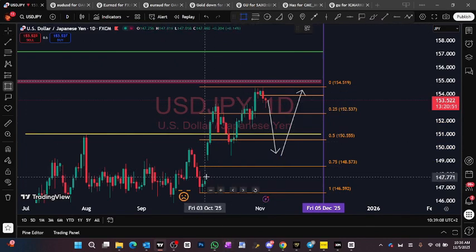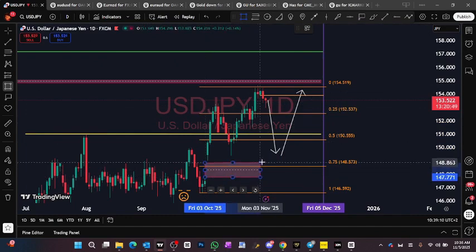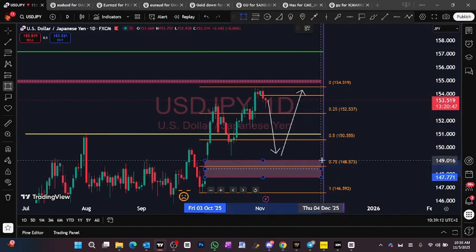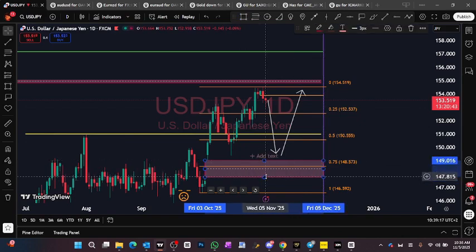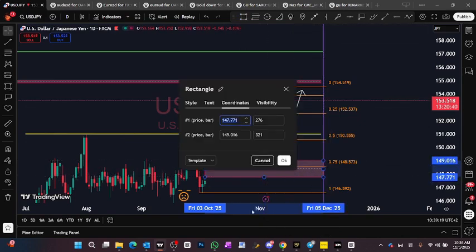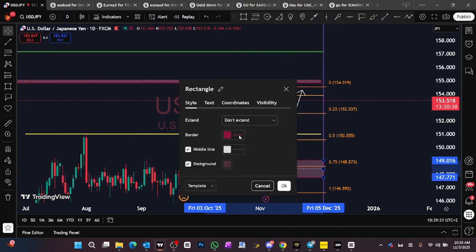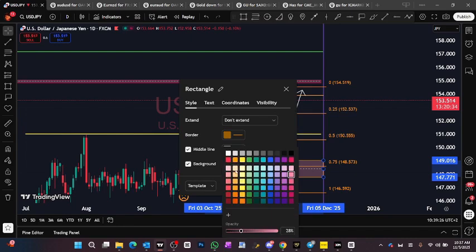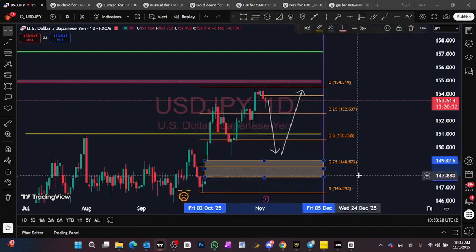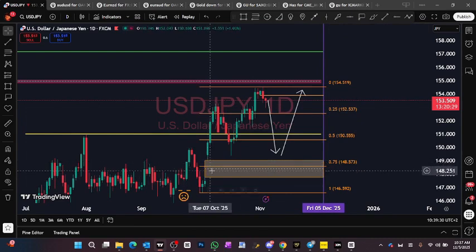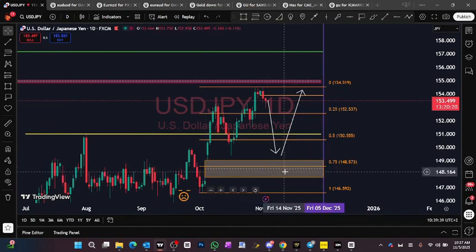So this is what I can see on the discount. This fair value gap, or a gap, this gap right there, this is what I see, and it's under discount.